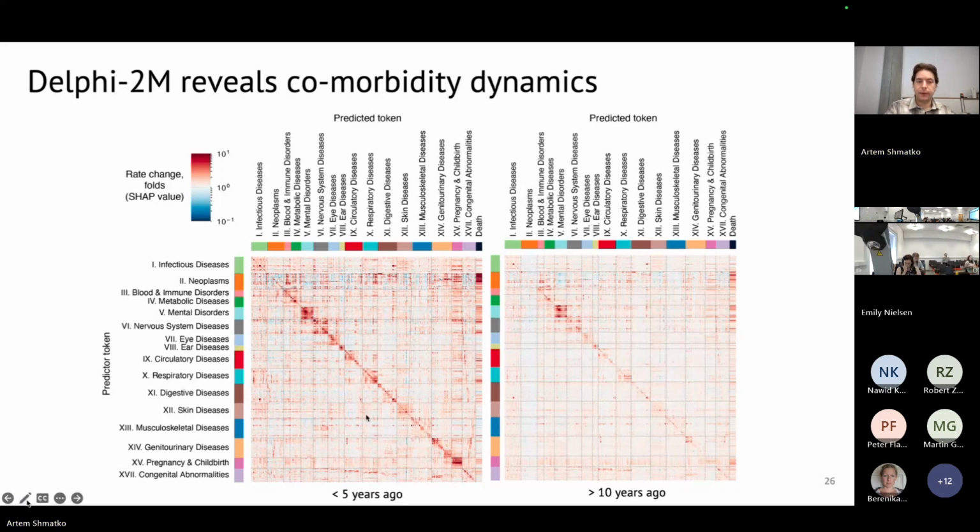We can immediately see that this matrix has some sort of block structure. For example, it seems that having one mental disorder increases the chance of having almost all other mental disorders significantly.